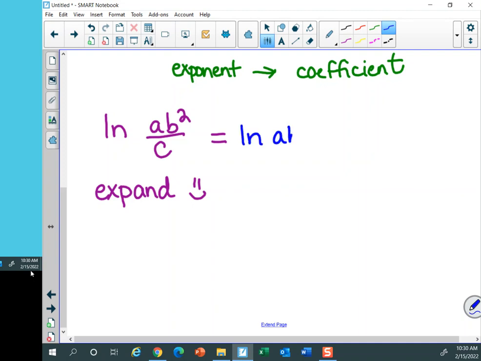So typically, when you learn this in pre-calc, you do products and quotients first, quotients before products.